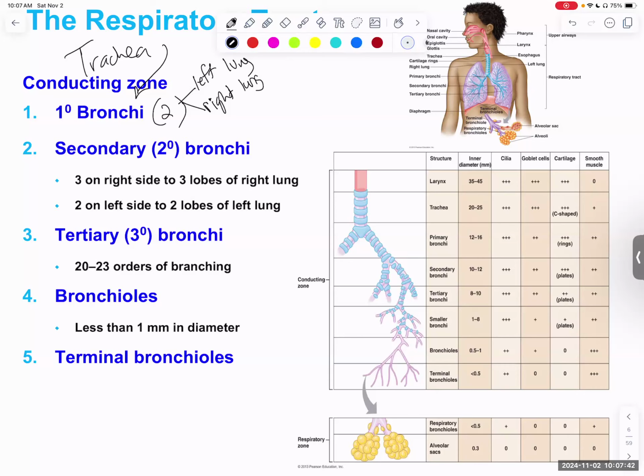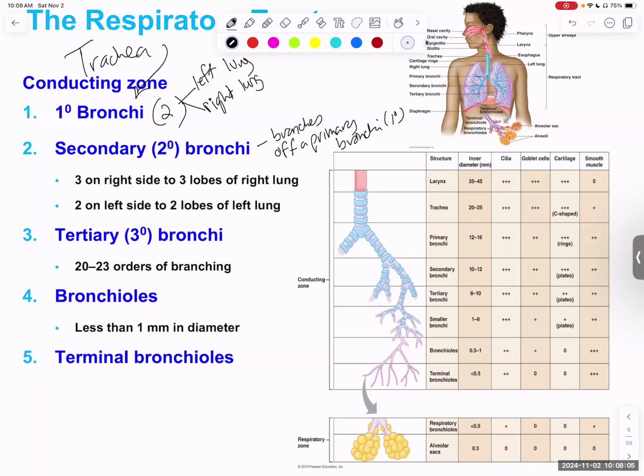This branches off a primary bronchi. And I always put primary as number one. There are 3 lobes on the right lung, so there's 3 secondary bronchi, 1 going to each lobe, 2 lobes on the left, so 2.